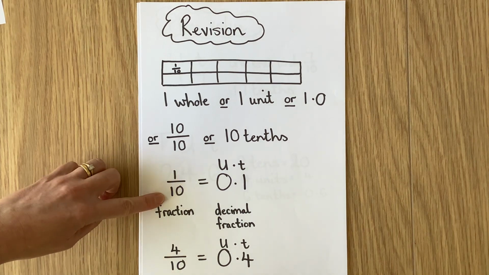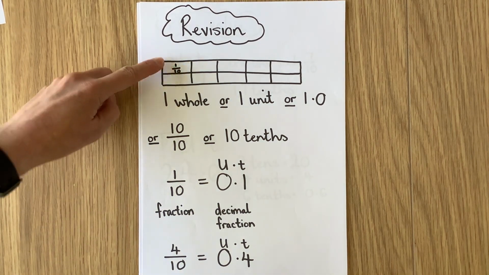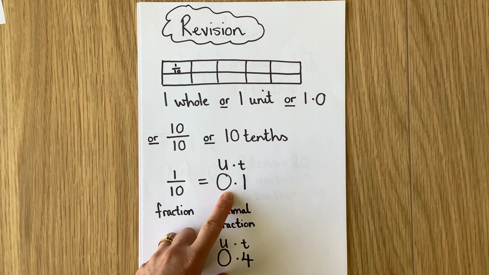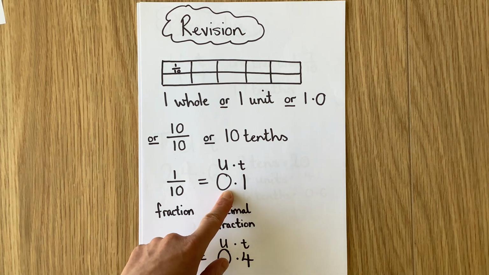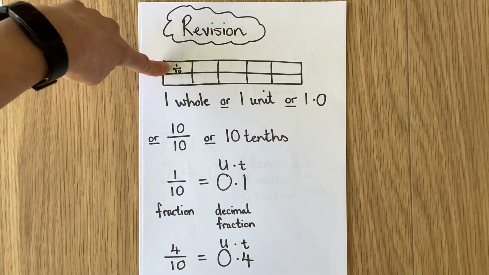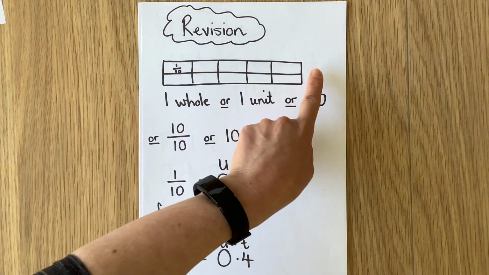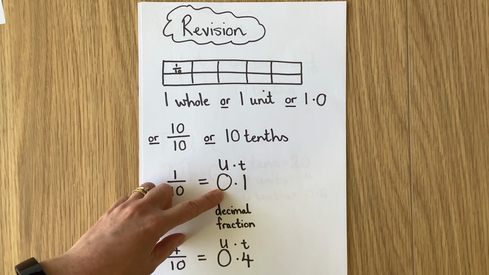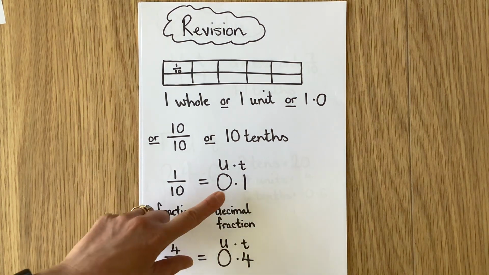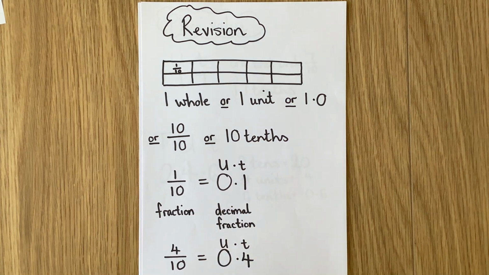So I could write 1/10, meaning 1 out of 10 parts, but I could also write it as what's called a decimal fraction. And a decimal fraction is simply written where we would put a 0 at the start. We've got a 0 because if I'm only looking at that 1 out of the 10 parts, I'm not looking at the whole thing. So no whole shapes, but I'm looking at 1 out of the 10 parts, 0.1.